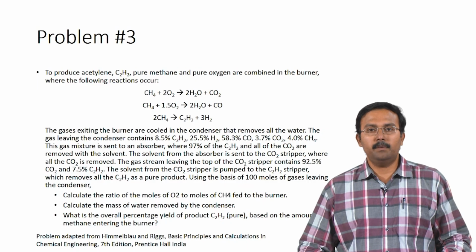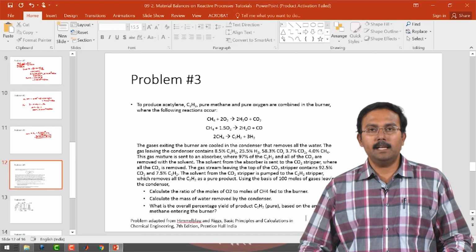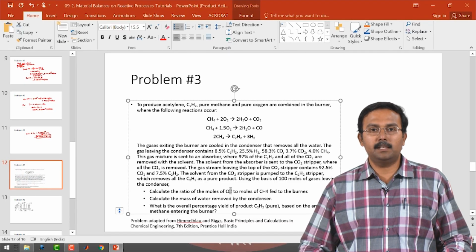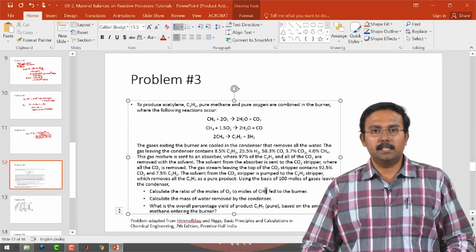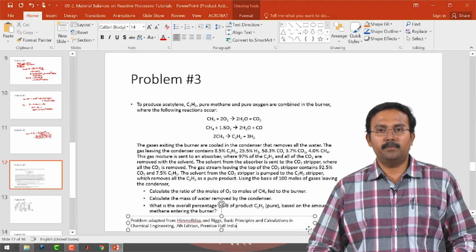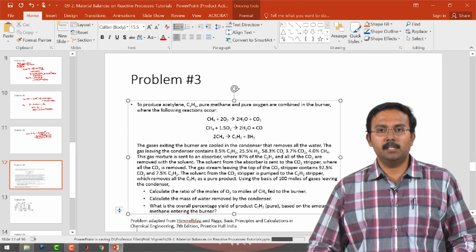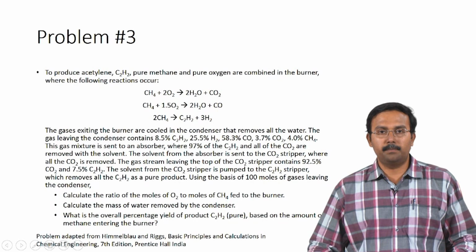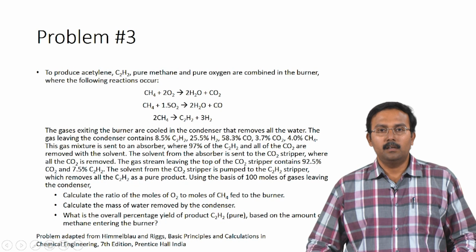The solvent from the absorber is sent to the CO2 stripper where all the CO2 is removed. The gas stream leaving the top of the CO2 stripper contains 92.5% carbon dioxide and 7.5% acetylene.